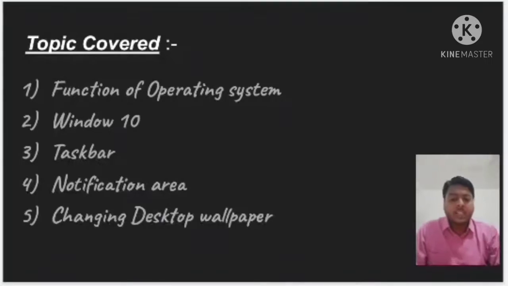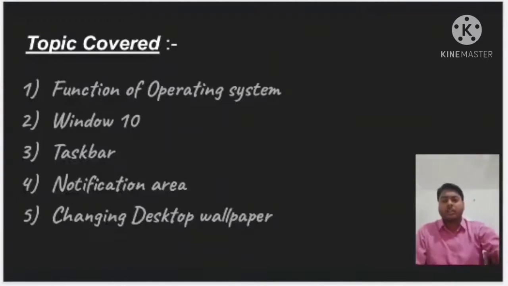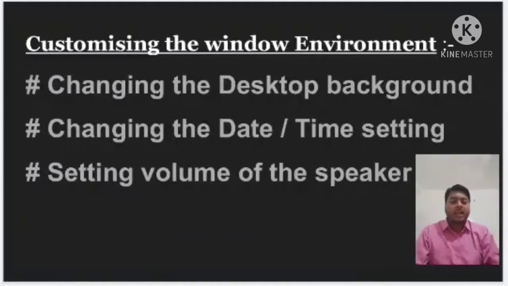The first one is changing the desktop background, which was discussed in part 7, and two options are left, that means changing the date and time and how to set the volume of the speaker. In this part these 2 points are covered, and I will also show you on my laptop how to change the date and time in the laptop or computer system. Got it? So we will start that.